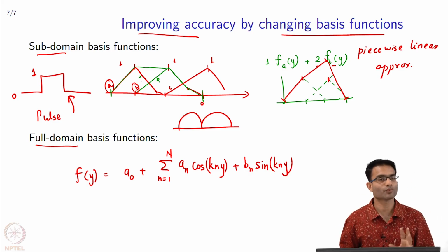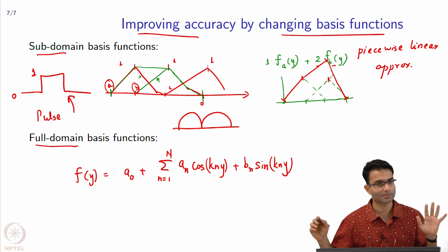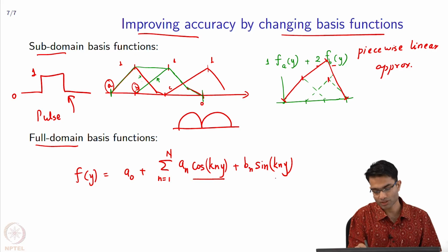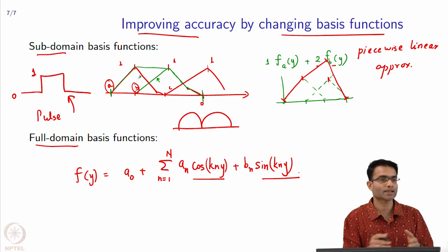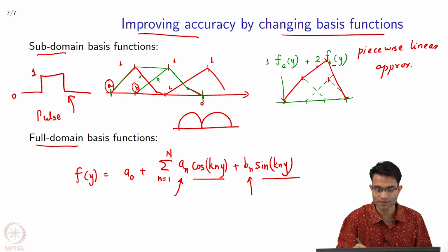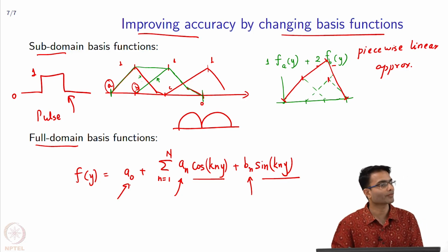You have all studied why Fourier series are very nice. They can approximate a periodic function very well. So your basis functions have now become cos and sine. Cos and sine are non-zero everywhere, and now I am representing the function by coefficients a_n and b_n, and there is of course a DC term that I have to take care of.